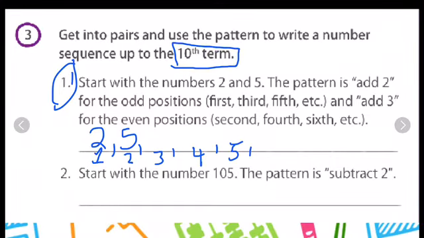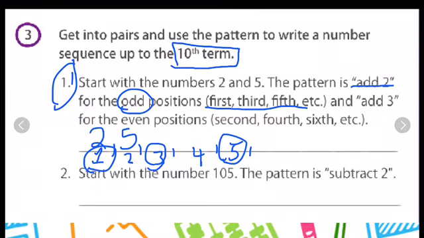You need to add 2 for the odd. The odd are these ones. So the odd is this one, and this one. Odd position, números impares.